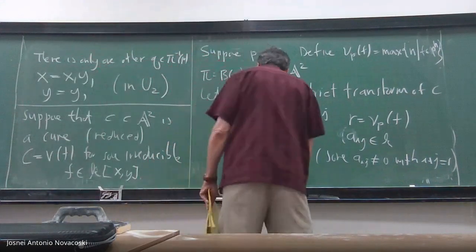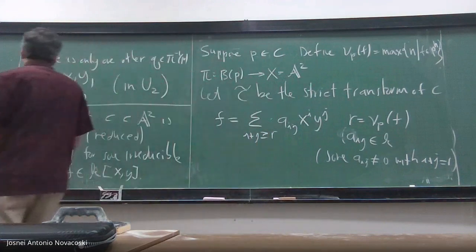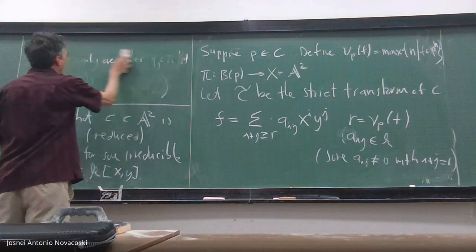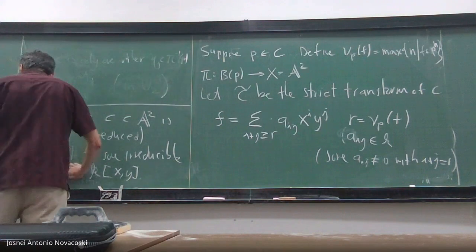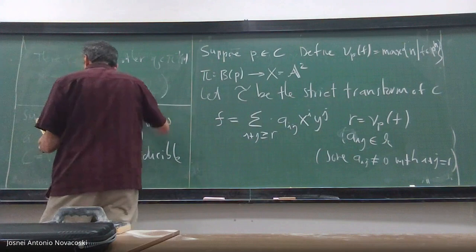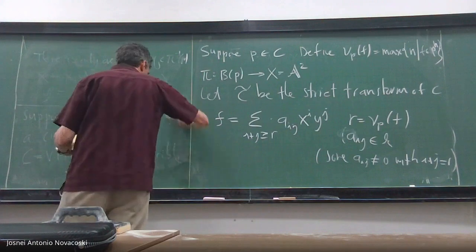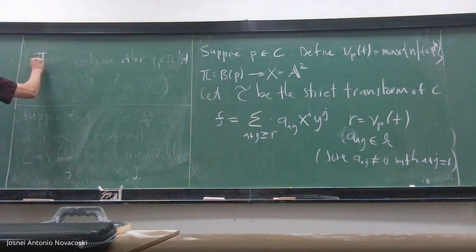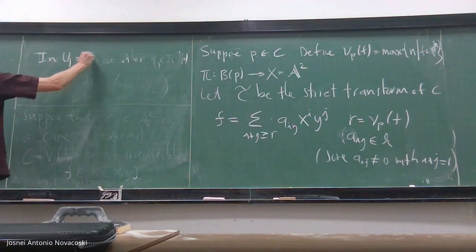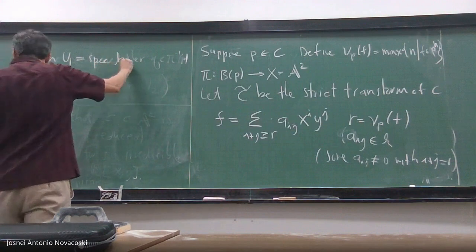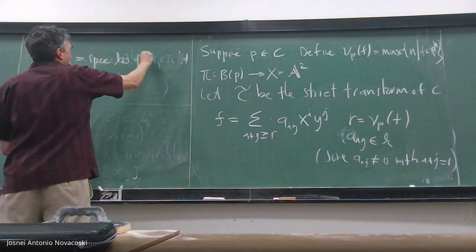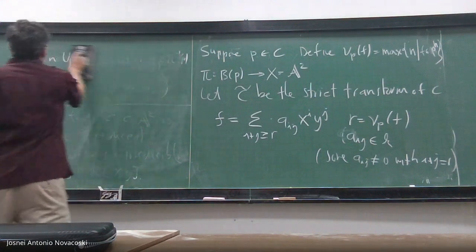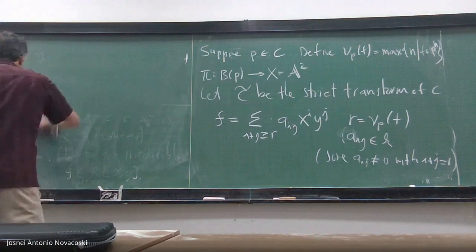And what happens when we change the variables, when we do the blow-up? Let's look in U1, which is the spectrum of K[x,y] over y. I forgot to clean this properly, let me do that again.